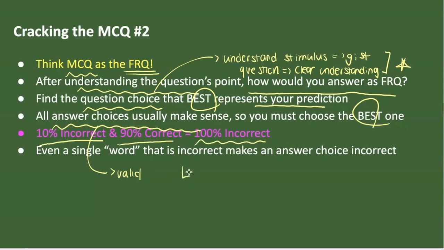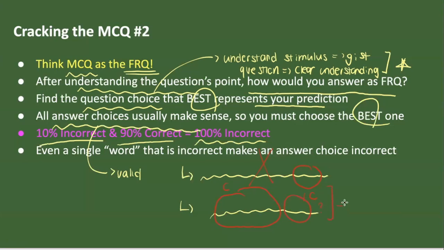Let's say there's a long answer choice and you see a single word that makes it incorrect. This answer choice is entirely incorrect due to this 10% inaccuracy. However, let's say there's an answer choice that sounds 70% correct and 30%, I don't know.